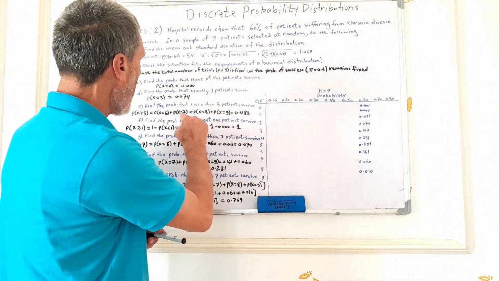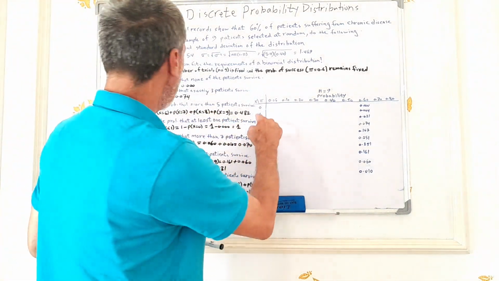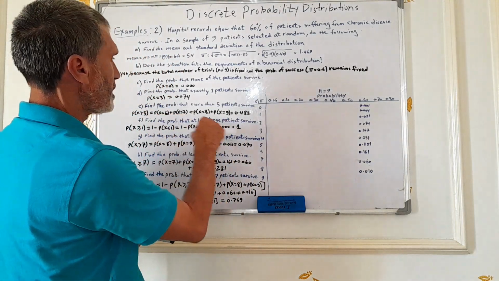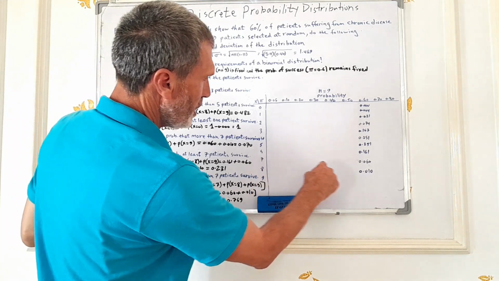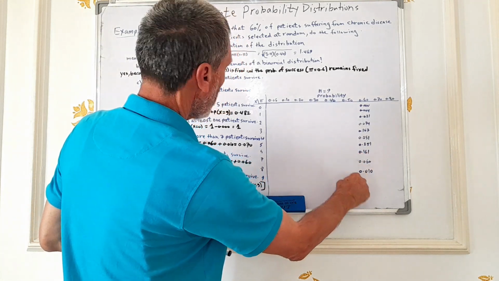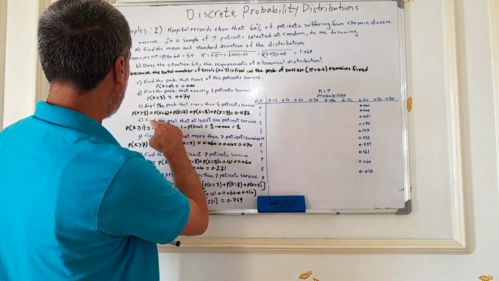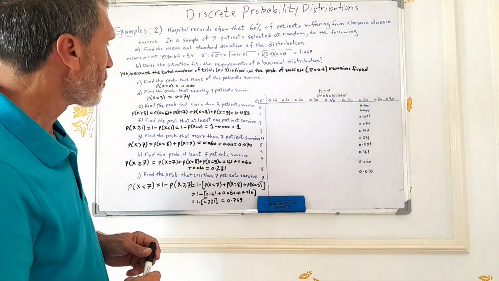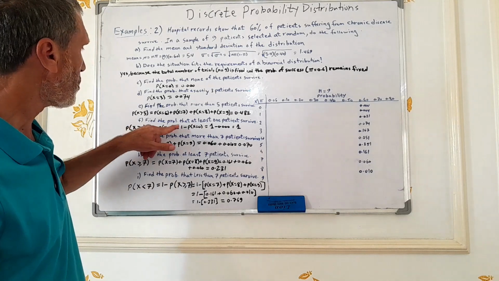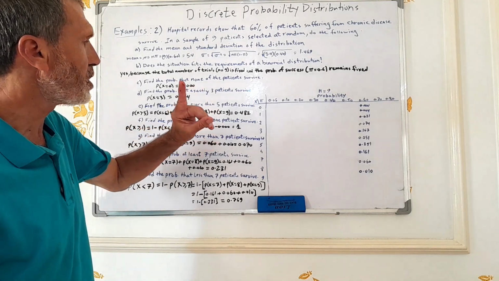When we add all these probabilities from x equals 6, 7, 8, 9, you come up with 0.482.